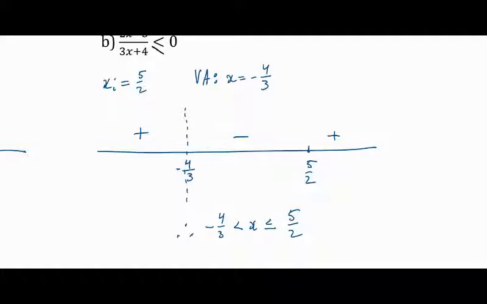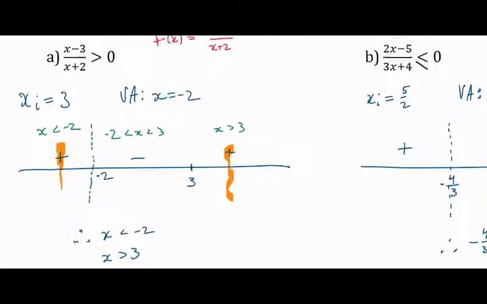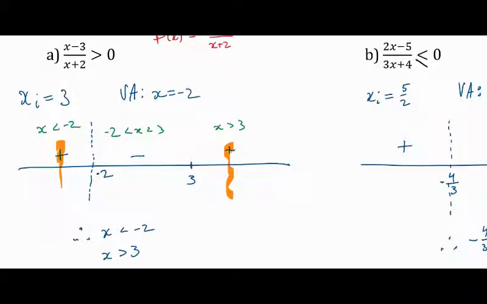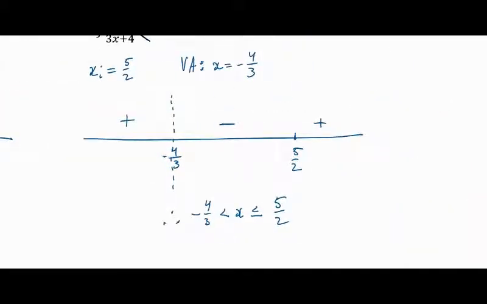Because that's an intercept and it is equal to 0 there. And this is an asymptote and the function doesn't exist there. Why did we not have to talk about this in the last question? Because it just said greater than. There's no equal to. So in that case, you don't have to worry about it, because it wouldn't include an asymptote or 0.